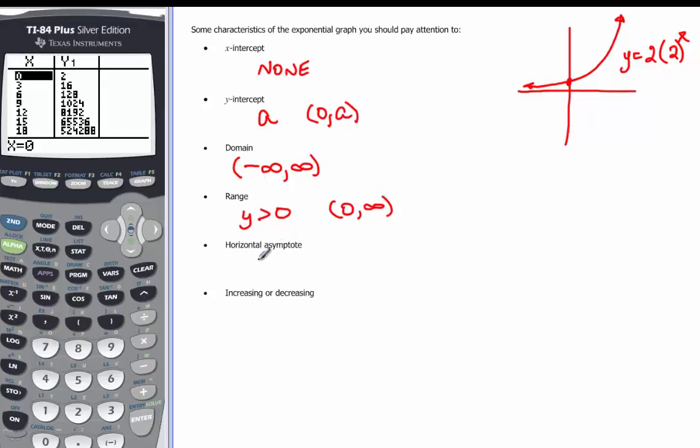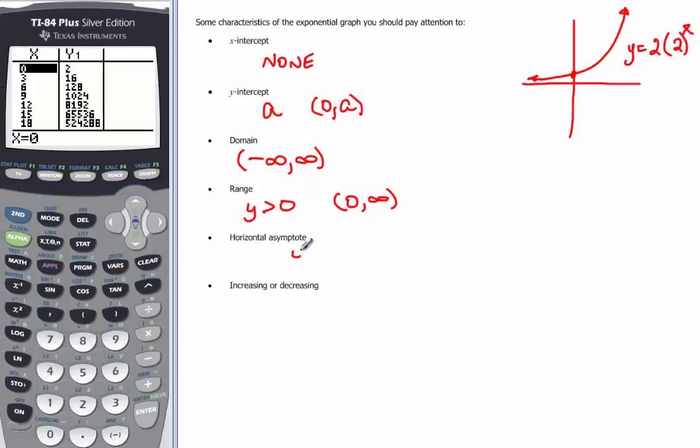Okay, the horizontal asymptote. Remember that asymptotes are imaginary lines that the graph tends toward but never crosses. Well, we've already discussed that this graph gets real close to the x-axis but never crosses it. So our horizontal asymptote would be y equals 0, or the x-axis.